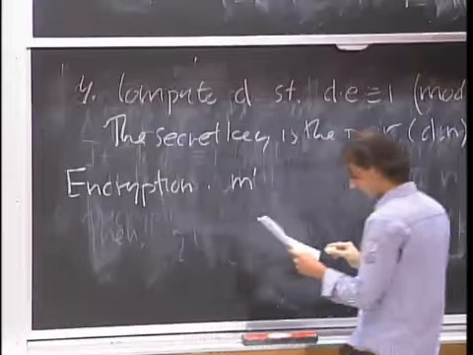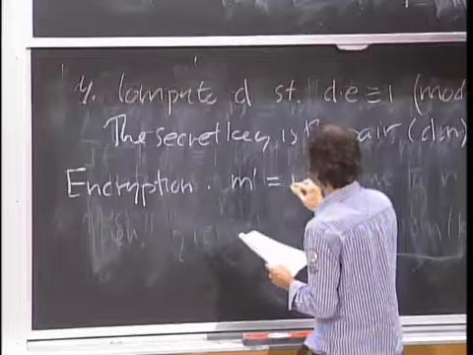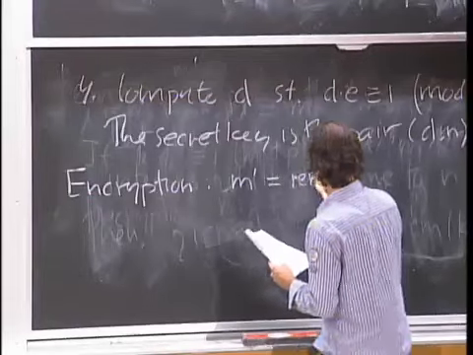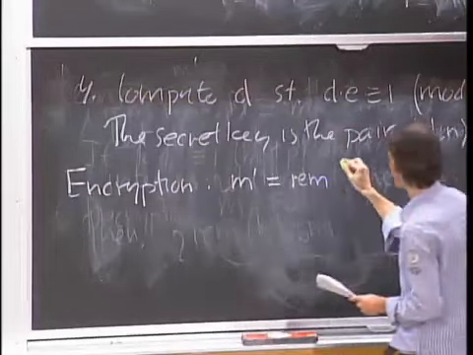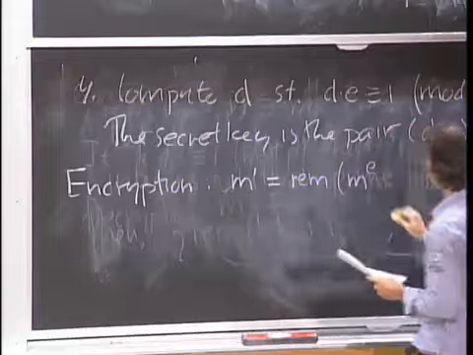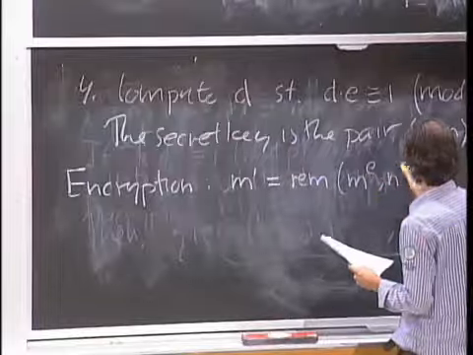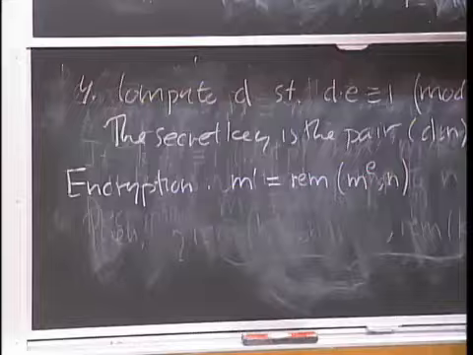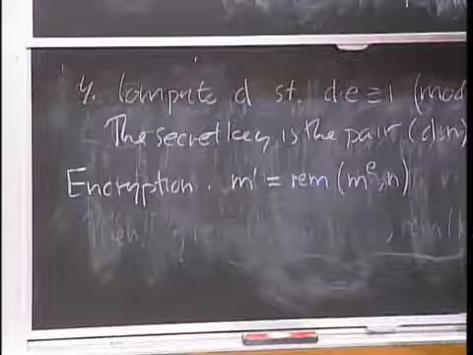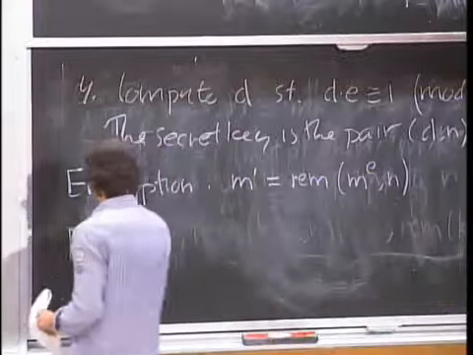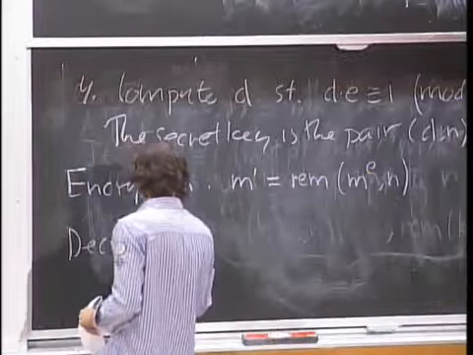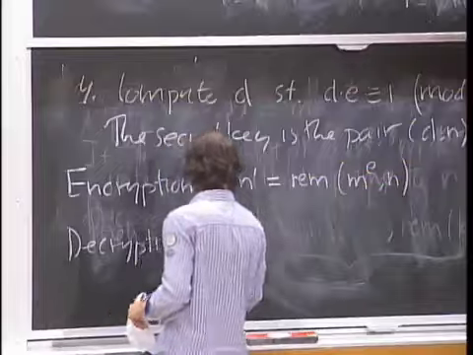So m prime, the encrypted plain text, is computed as the remainder of m to the power e, which is part of the public key, dividing out as many multiples of n as possible. It turns out, and we're going to prove this, that decryption works as follows.